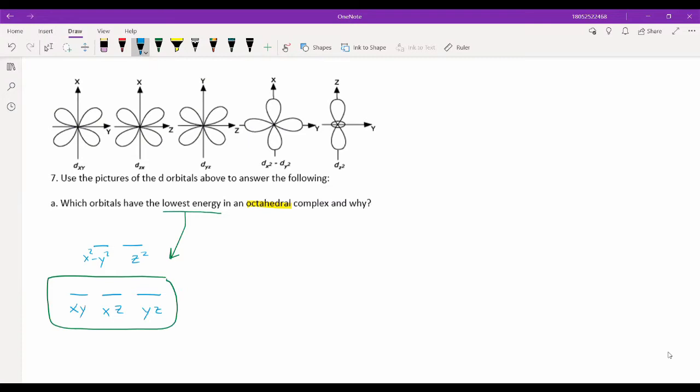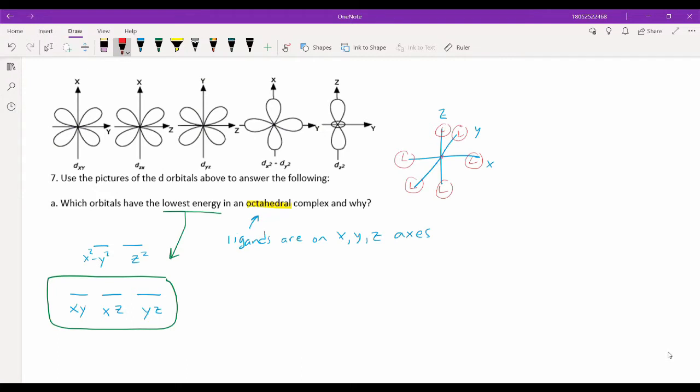Okay, now why? So the key is with the octahedral complex, the ligands are on the x, y, and z axes. All right, so if you had a picture with x, y, z, and the metal's in the middle, the ligands are going to be located directly on these axes.